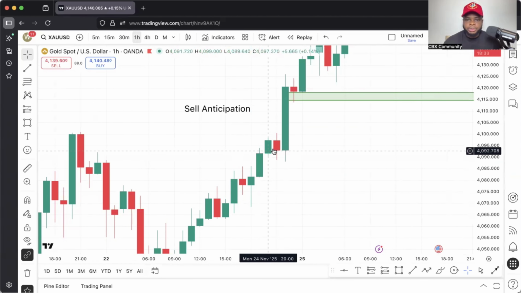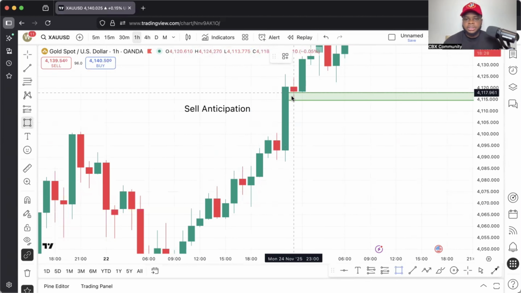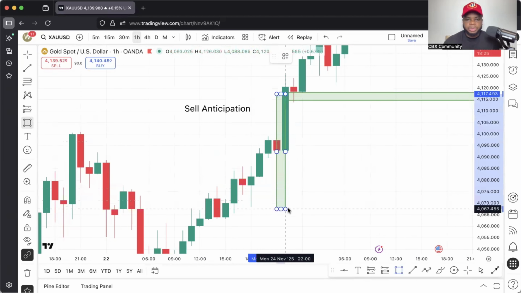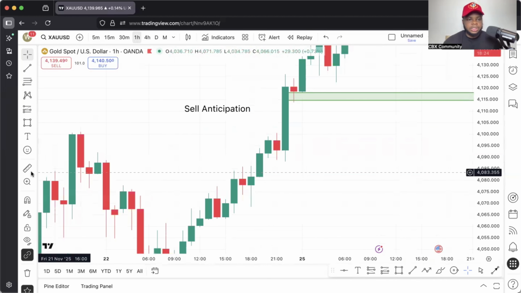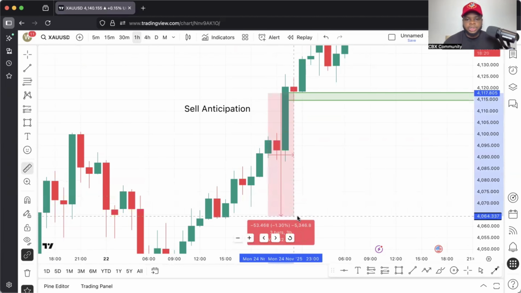So we have a minor support over here, a minor support and a support zone. Let's measure from this support zone over here down to this support zone. Now let's use the measurement tools. From this support zone down to this support zone, we are looking at almost 534 pips.